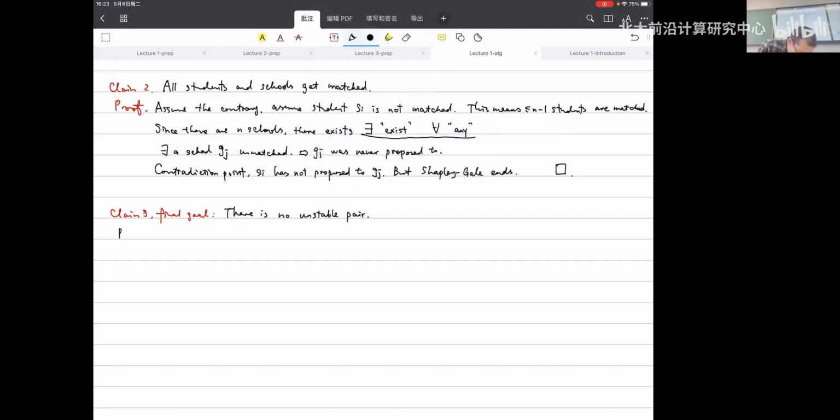So we prove this by contradiction again. Suppose SI GJ is an unstable pair.